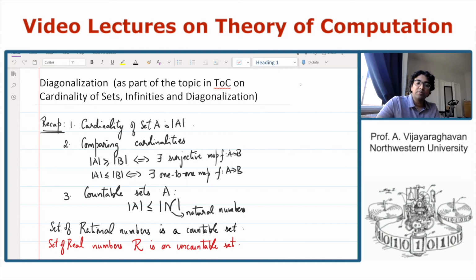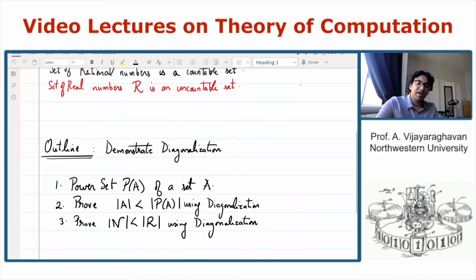I mentioned that the set of all rational numbers forms a countable set, but surprisingly, the set of real numbers is an uncountable set. And to prove this, Cantor came up with this very powerful technique called diagonalization, which will also be very useful in this theory of computing course. So that's the main thing that we are going to see in today's class.